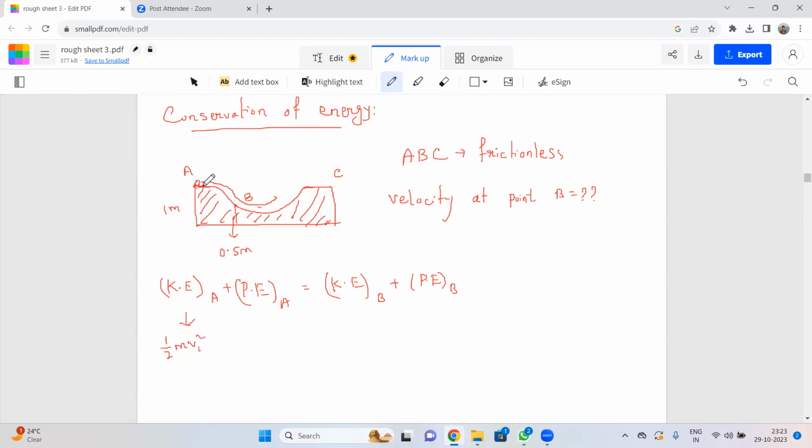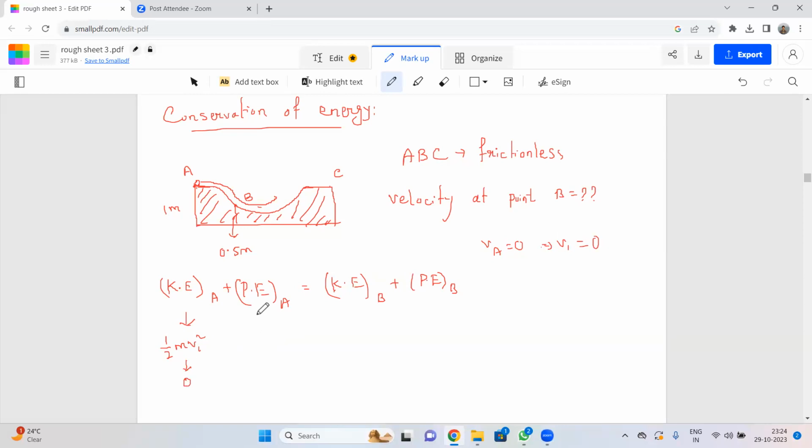Now, here we have a little boost. If it is given that we just boost this one, that means at point A the velocity is 0. So V A is 0, or we can say V1 is 0. So this one is going to be 0.